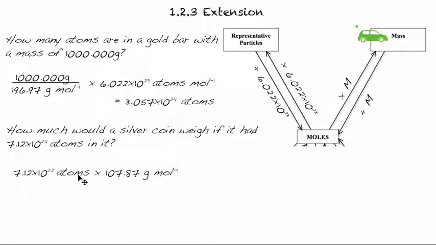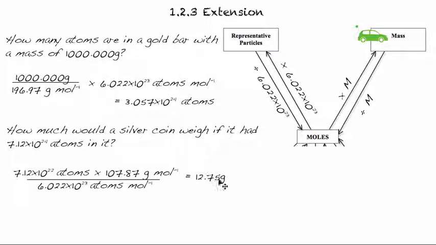We started off with the atoms, we multiply by 1.07 grams per mole, and we divide by 6.022 times 10 to the 23. We're trying to combine this all into one equation. We divided by 6.022 times 10 to the 23 and then multiplied by the molar mass, and that together will equal 12.75 grams.